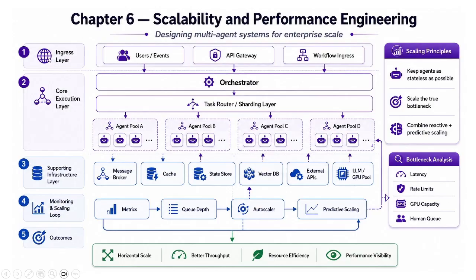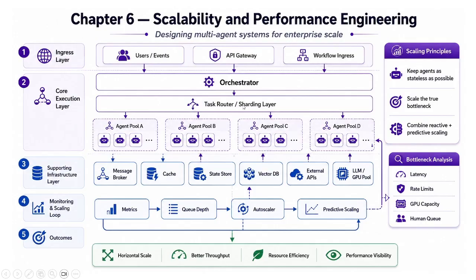The ingress layer determines how often, and the speed at which, data or workflow rushes into the system. Here you have your user/event, API gateway, and workflow ingress, all linked to the orchestrator engine.